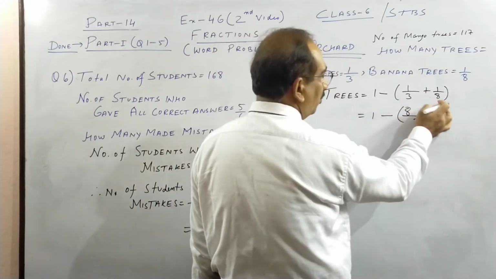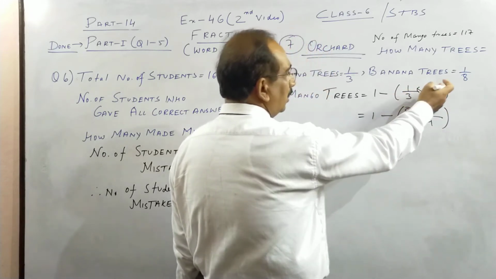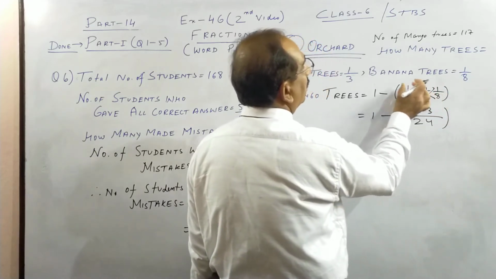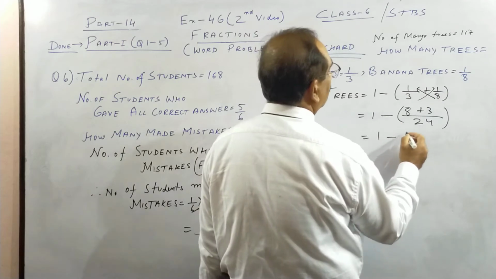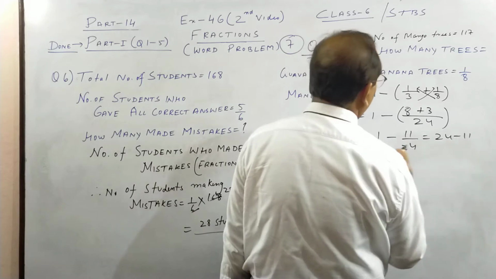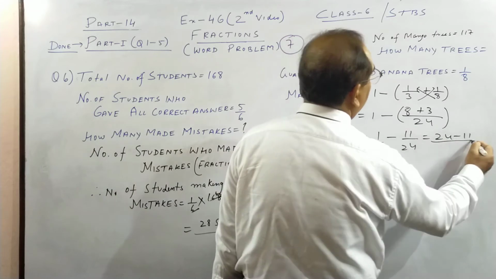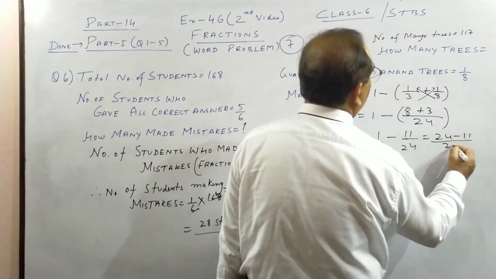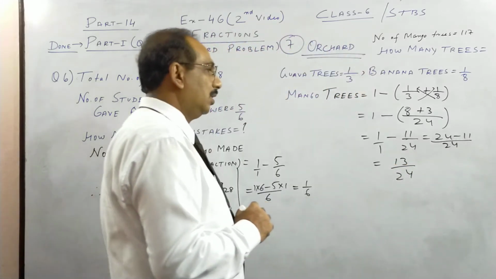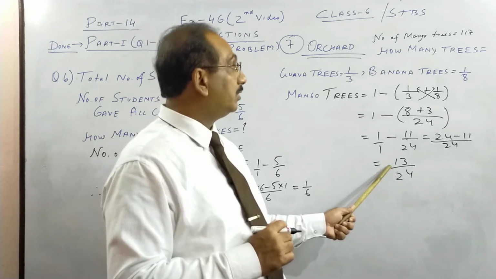Generally when they are prime to each other, you will see this comes here and this goes there. 8 will go 3 times, so 3 ones are 3. So this is multiplied by 3, this is multiplied by 8. So what do we get, children? 11 by 24. If you take LCM 24, 1 will go 24, so 24 into 1 is 24 and 24 will go once. So we get 13 by 24. So if a garden has 24 trees, 13 of them are mangoes.